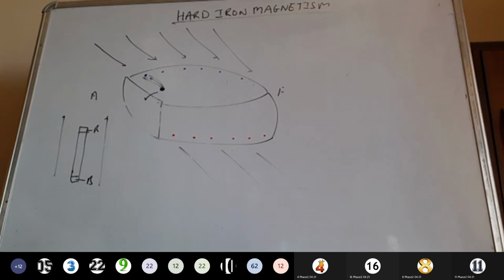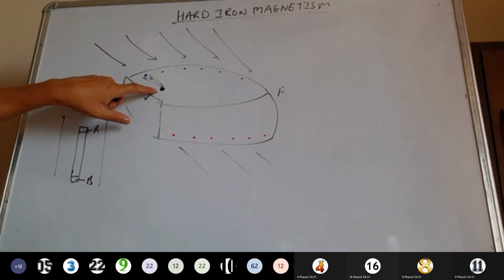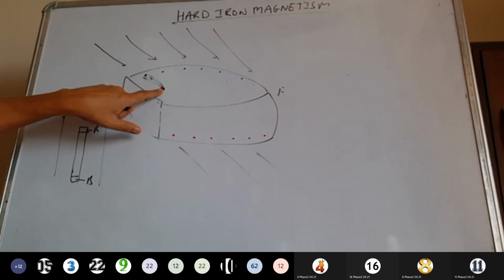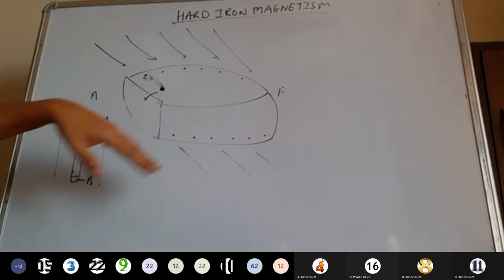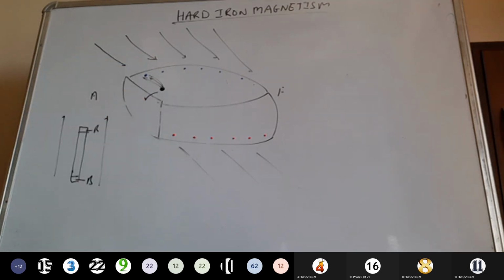When this field is acting in this direction, this field will have a final resultant. Let us see that in the other diagram. These blue poles and red poles, are they temporary or will they become permanent? They will become sort of permanent poles. Throughout the life of the ship, these blue poles and red poles are going to remain with only 5% reduction in a period of 25 years.